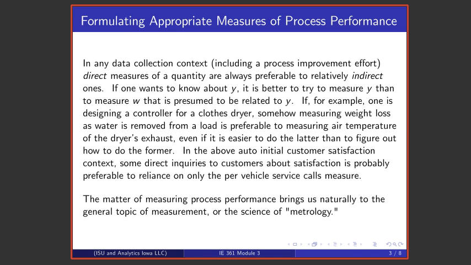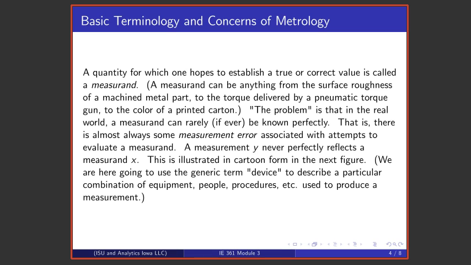As we begin to think about measurement or collecting data, we're immediately taken to the subject of metrology, or the science of measurement. There's some basic terminology that we need to establish here before going any further. One important term is the term measurand.